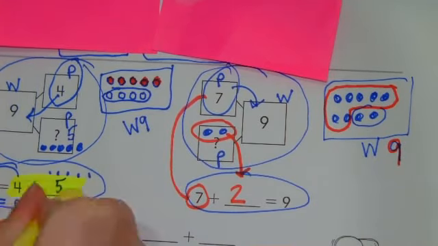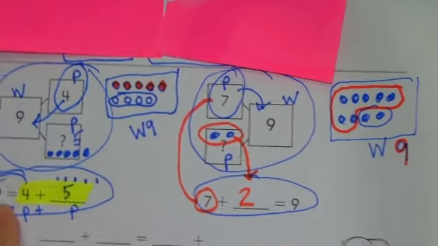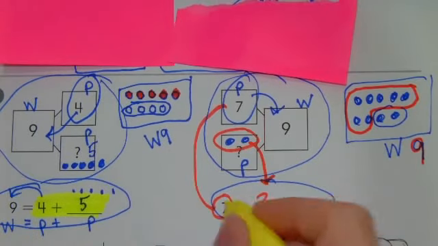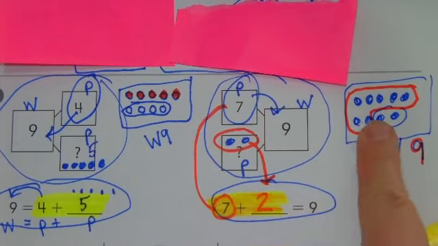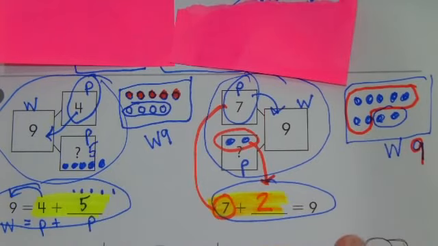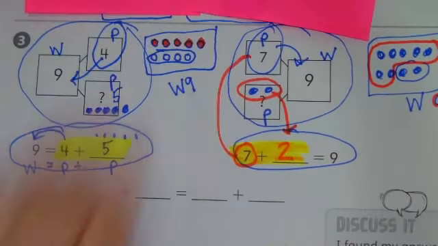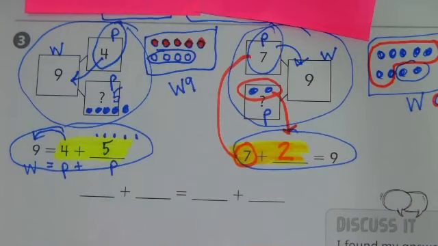Now I'm going to take the 4 plus 5, because I know that this is true. 4 plus 5 equals 9, right? I'm going to take the 7 plus 2. I know 7 plus 2 equals 9. I have that proven up there. And now I'm going to add it down here, right?